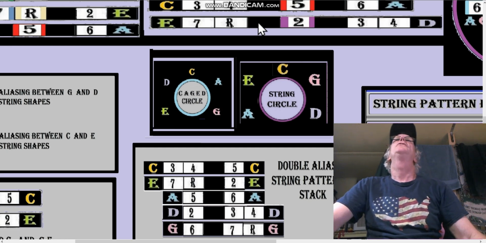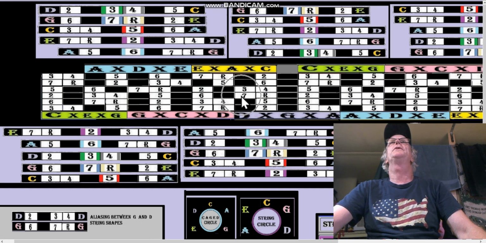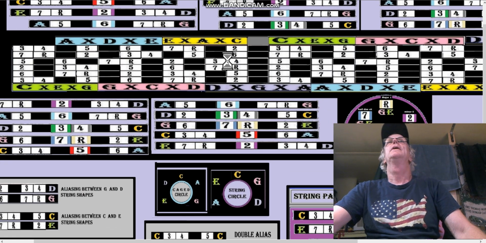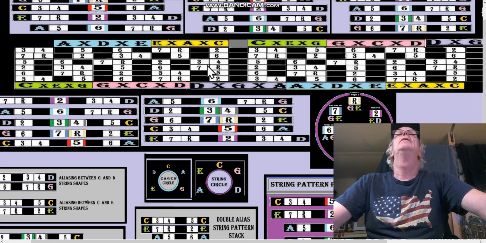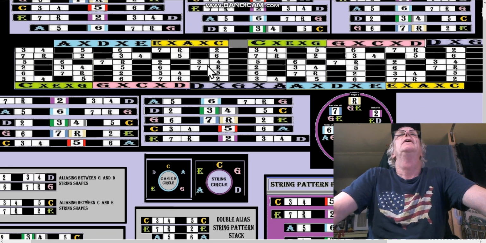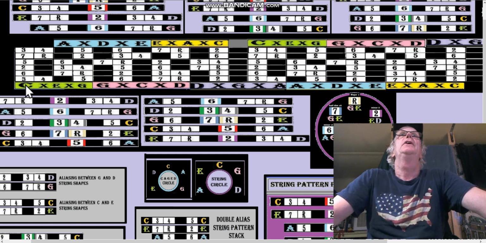Okay, so now that we know that, I want to talk about horizontal motion with the shapes. Now we're not counting strings, we're counting shapes. All right, so with the CAGED shapes, when we're going to the right, we have to kind of zigzag our way there.